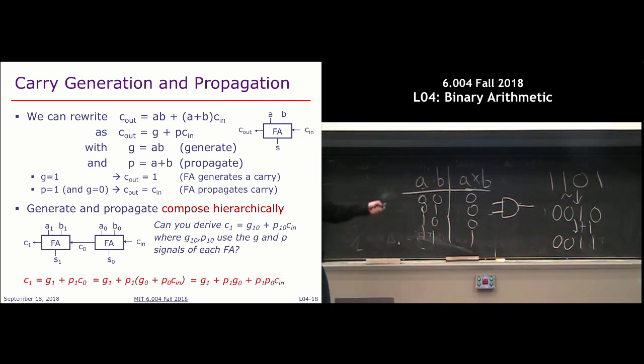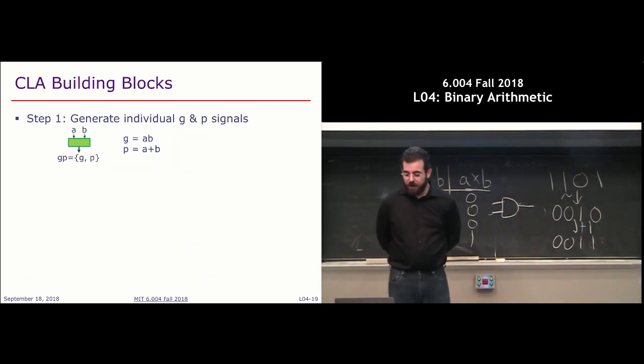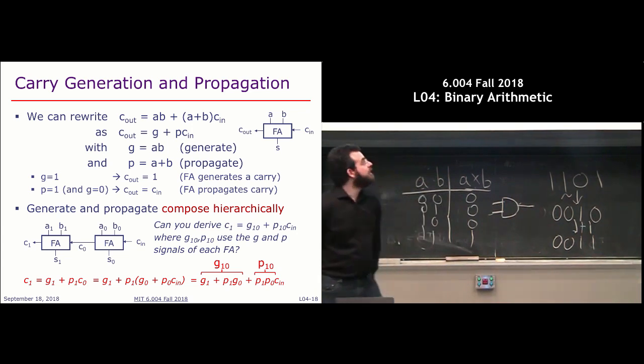So can you tell me what G10 and P10 are? G10 is just these two terms, and P10 is just these two terms, right? OK, so the point is that now we can compose this hierarchically.